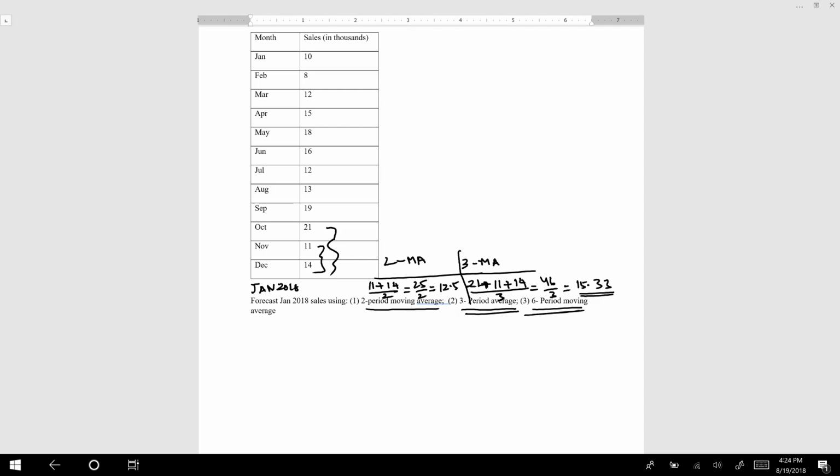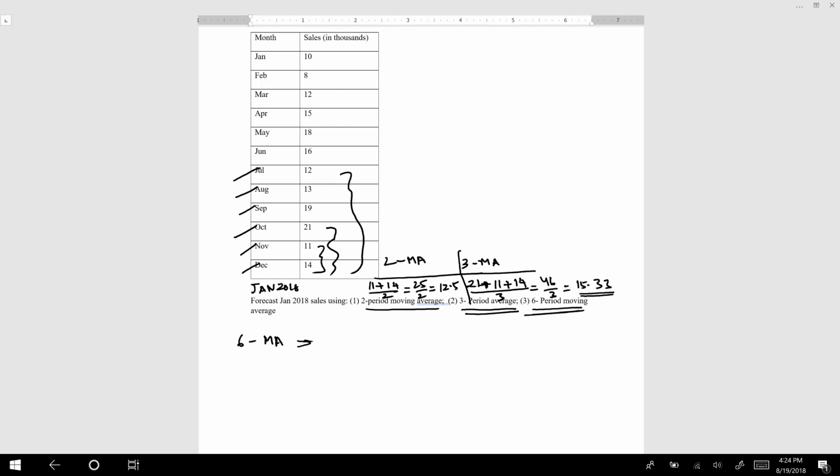Now for the 6-period moving average, we take the previous 6 time periods, that is 1, 2, 3, 4, 5, 6. We take the average of all of these, so I will write here 6-period moving average.